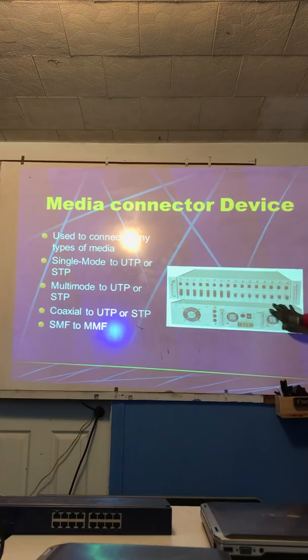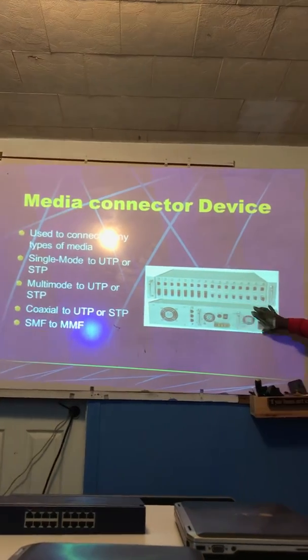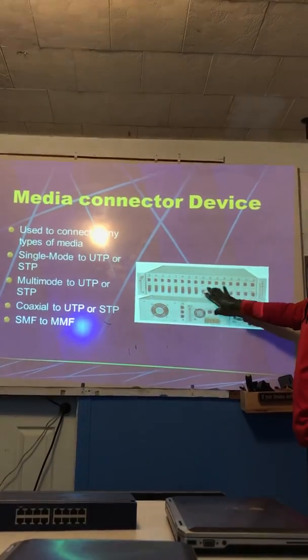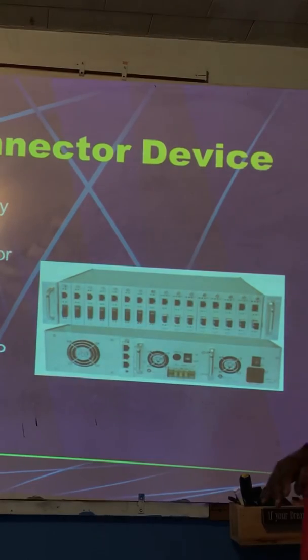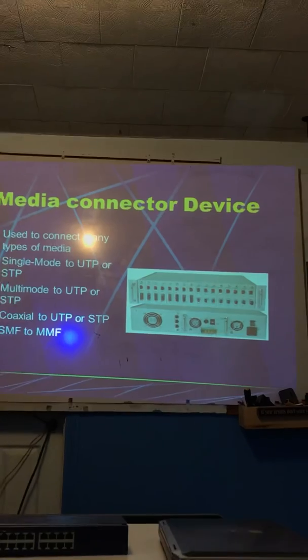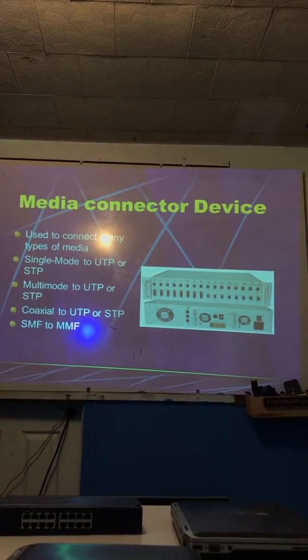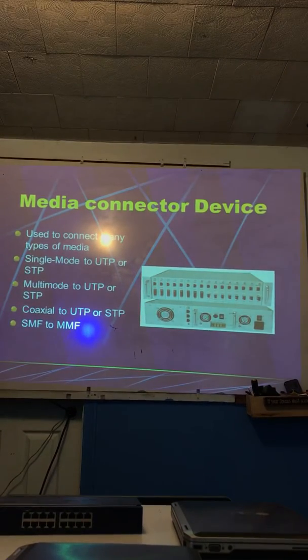This equipment will transform the fiber optic signal into a signal that can run through the STP or UTP cable. So it is not the case that the fiber optic is going to run all over the building. That will happen soon. But right now, inside the building, you're still going to have the RJ45 connector and the twisted pair cable.